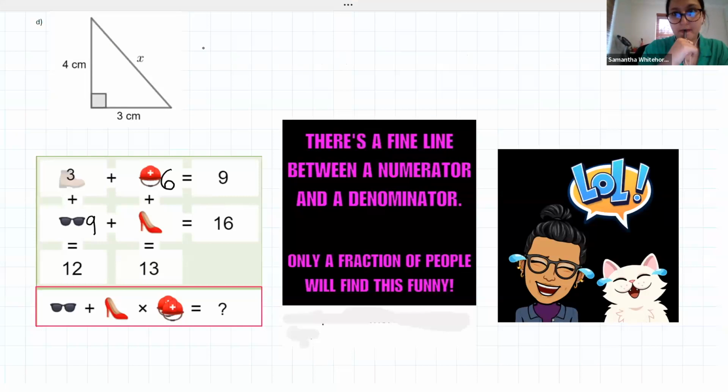And then I looked at the fire hydrant and the red shoe. I said 6 plus x equals 13, and 13 minus 6 would give you 7. So the shoe would be 7. And then I said 9 plus 7 times 12, because 6 plus 6 is 12, and it's double. So 9 plus 7 times 12 would equal 93.